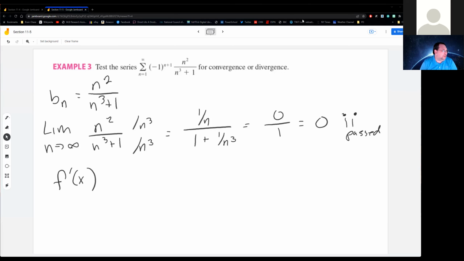All right, so quotient rule for this one. So it's the derivative of the top.